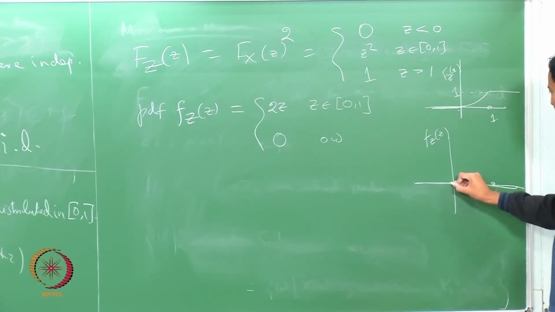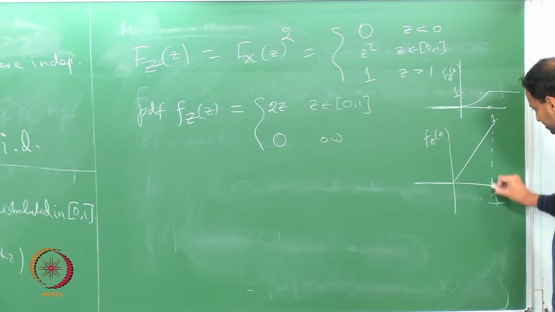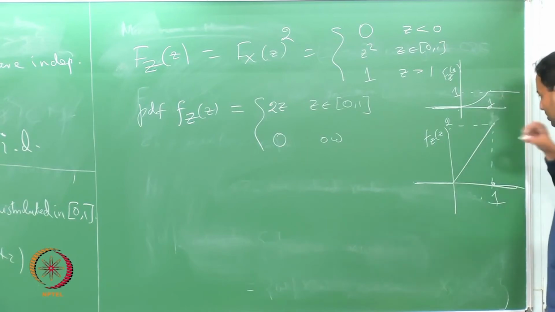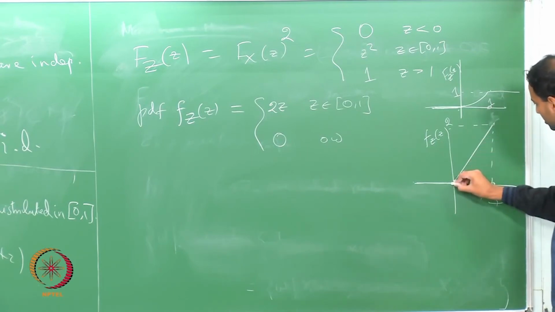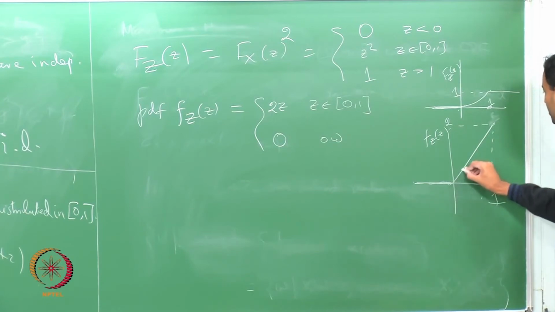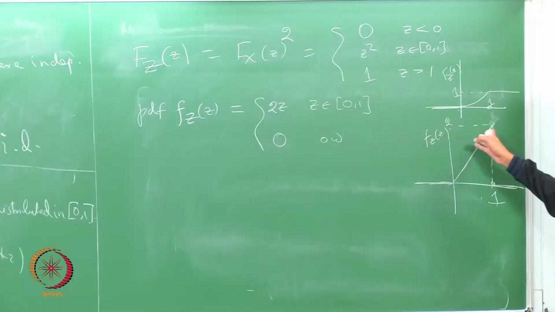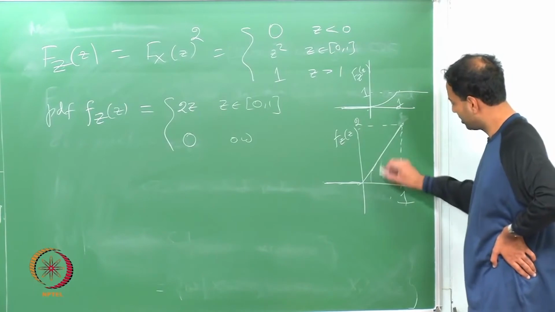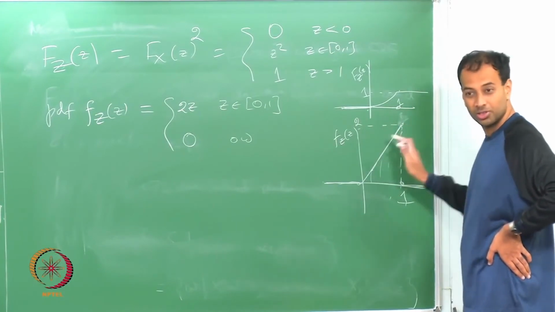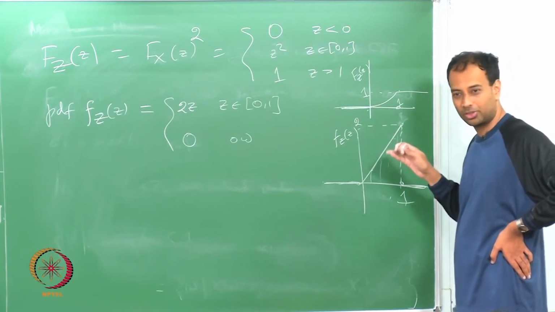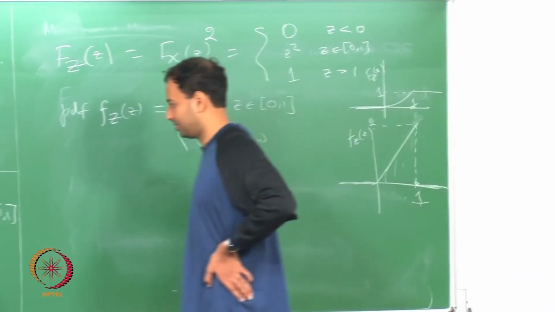So, it will look like that, and that is a valid PDF obviously. You see that more of the mass is towards 1, the maximum is likely to be closer to 1.